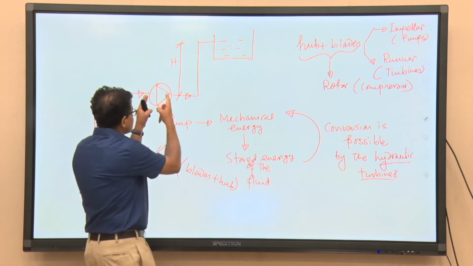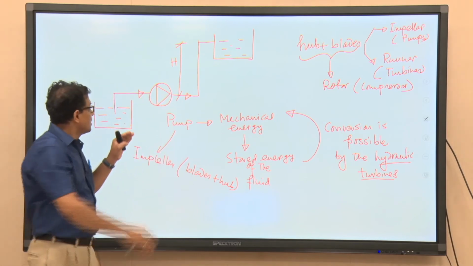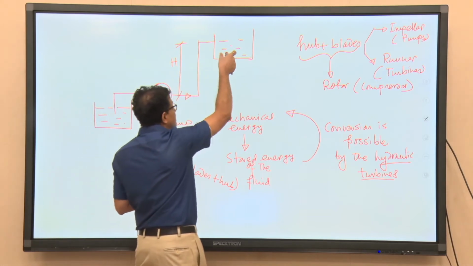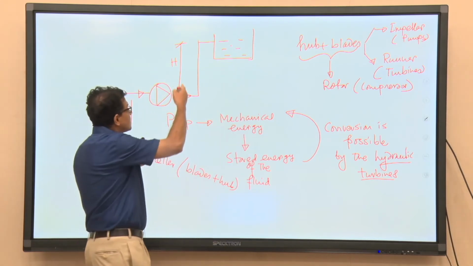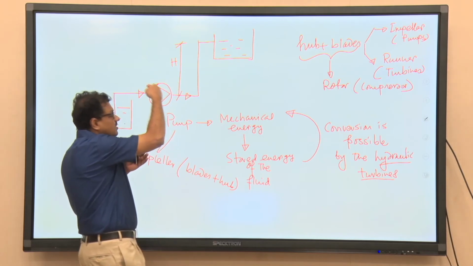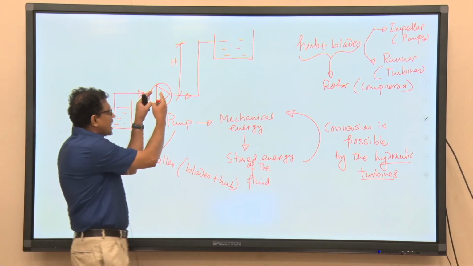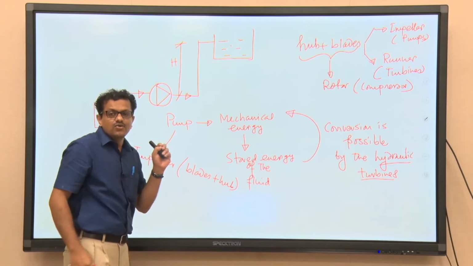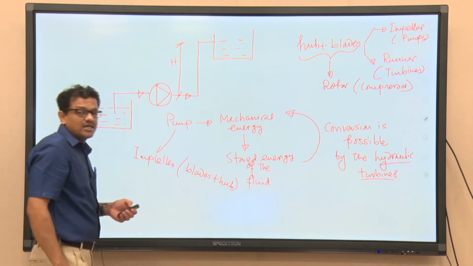Now, this device will be acting just like a hydraulic turbine or turbine, and by making use of this head which is available, that energy which is there in the form of internal energy of the fluid or stored energy will be utilized to rotate the rotating part of the turbine, that is runner, and if we can connect the shaft of the runner to a shaft of an alternator, we will be getting electricity, and that is how a hydroelectric power plant or hydel power plant operates.